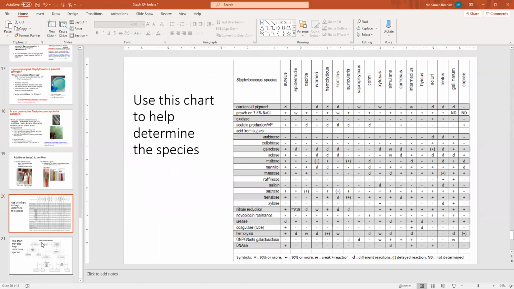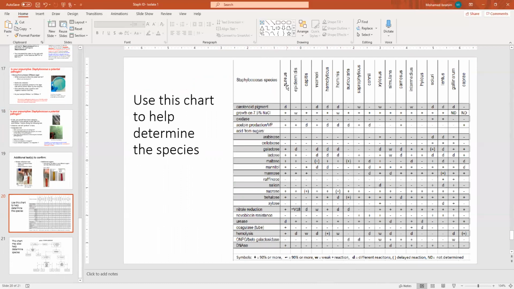The table at the end of the presentation is going to be very, very important for you because it will give you some idea about what kind of organism you are dealing with. Again, you look at the data that were provided, and based on the table, you will be able to tell the species of staph that you are working with.